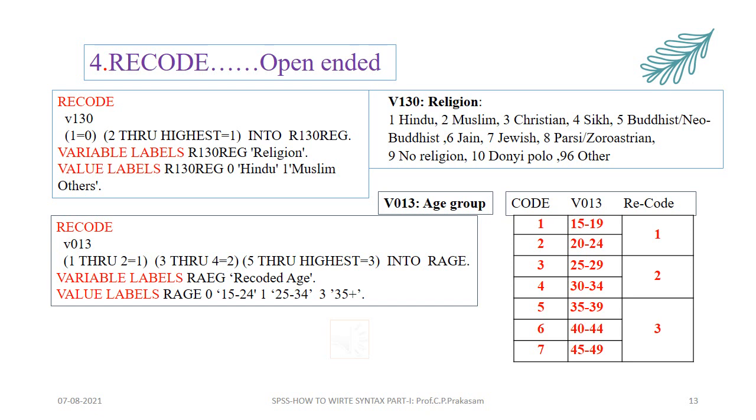Therefore, 1 through 2 equals 1 is recoded, and 3, 4 equals 2 as the second recoding, and 5 onwards, you need not write 5, 6, 7 and onwards. 5 through highest equals 3, into RAG, that is recoded age. The variable label is given as RAG, recoded age, and the value labels are: 1 "15 to 24", 2 "25 to 34" and 3 equals "35 plus".